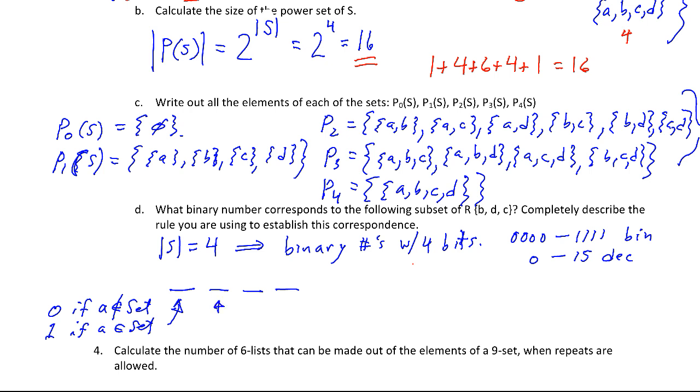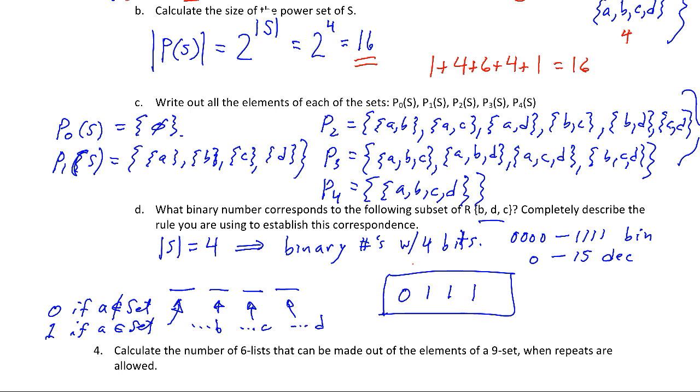For the next one, it's for B. For the next one, it's for C. And the next one, it's the same rule for D. This subset then has a B, C, and a D, but no A. So we have a 0 for the A, 1 for the B, 1 for the C, and 1 for the D. This is the answer that corresponds to B, C, D.